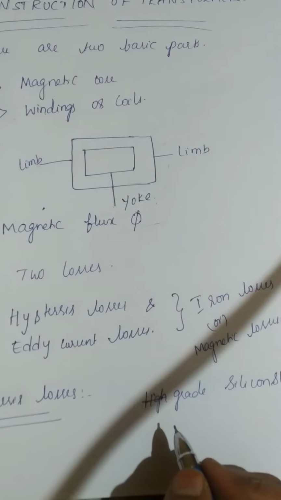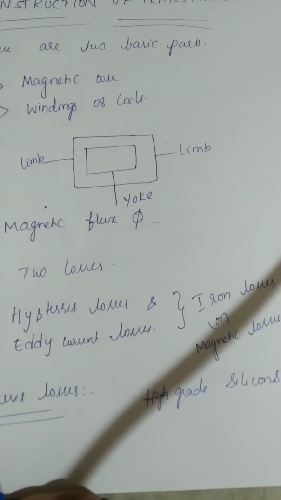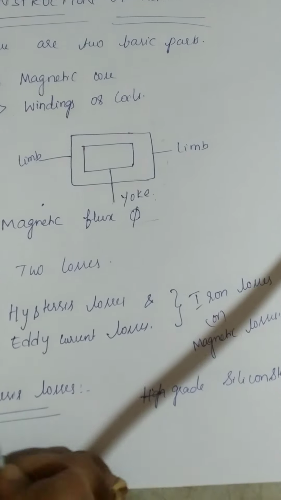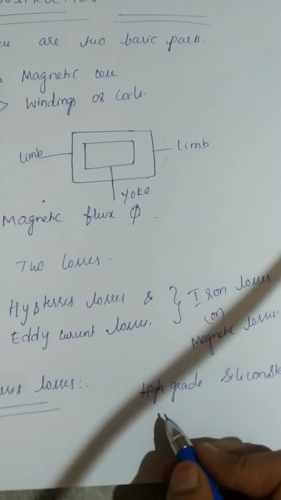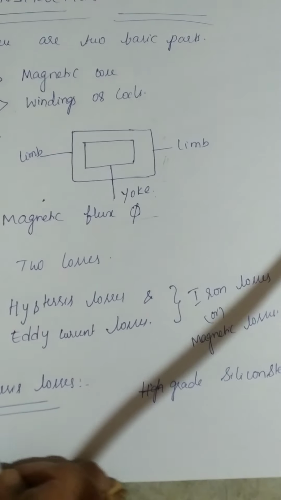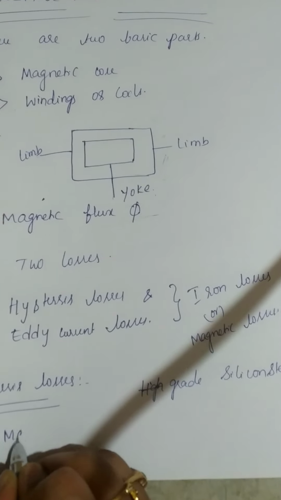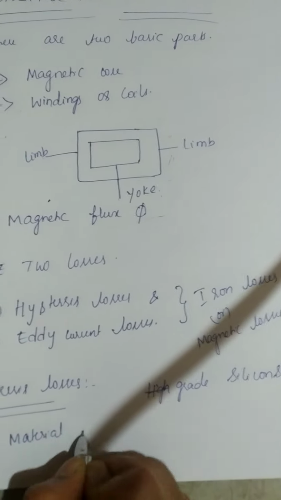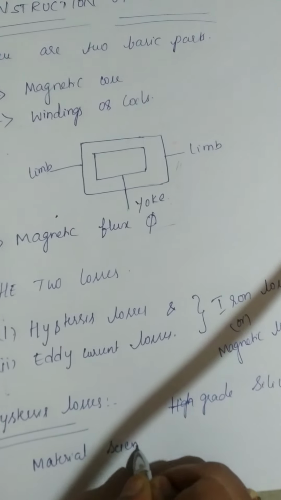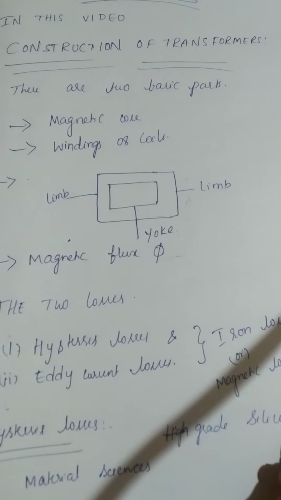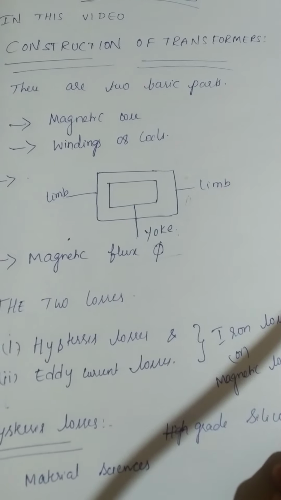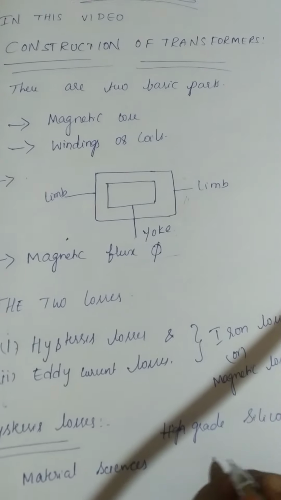Earlier, the core was made up of iron. In previous days, this core was made up of iron. But nowadays, due to some advancement in material sciences, we are going to use a high permeability material, that is high grade silicon steel.